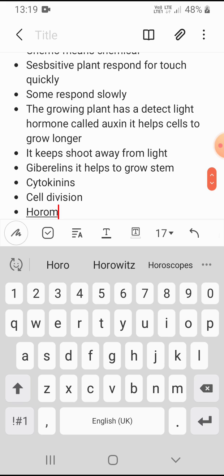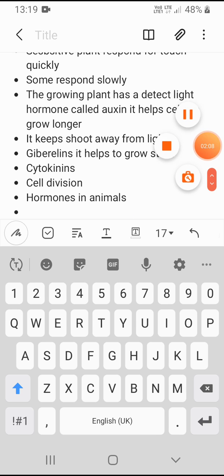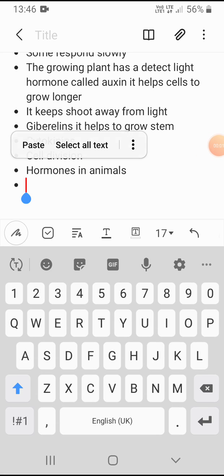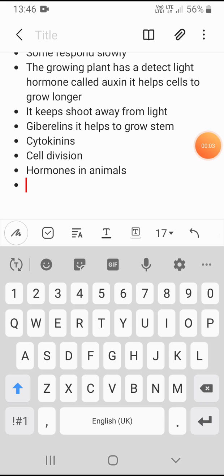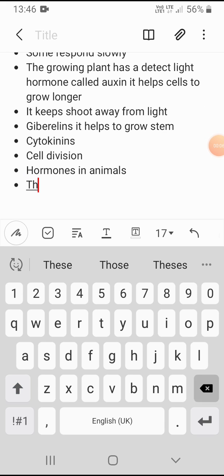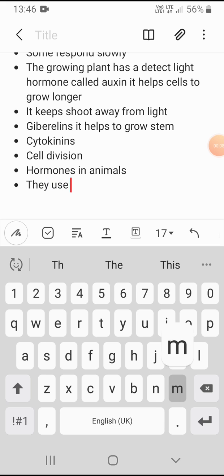And there are also some hormones in animals. Let's know about some hormones that are in animals. Animals use more energy to work.